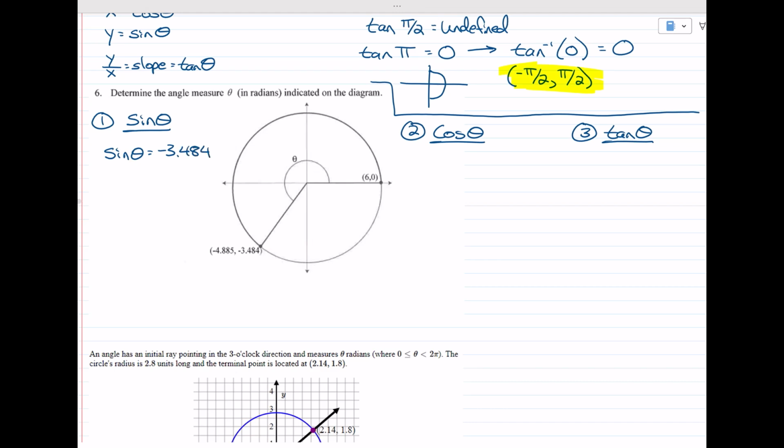Remember, the radius is 6, so we have to multiply sine of the angle by 6 in order to get negative 3.484. If we want to figure out what theta is, we can divide both sides by 6, and then take the inverse sine to get the angle by itself.